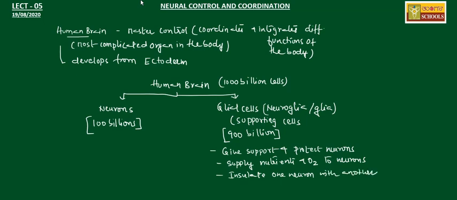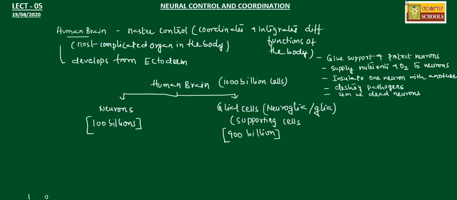Then they also have a function to destroy pathogens, and they also help in removal of dead neurons. So these are different functions of glial cells. I'll just mention here these are functions of glial cells.